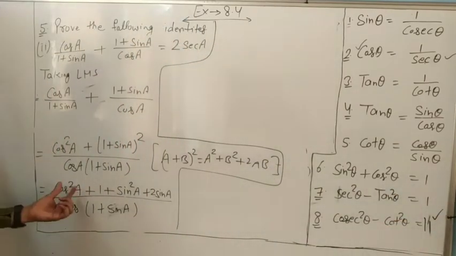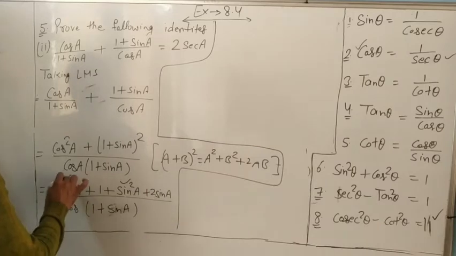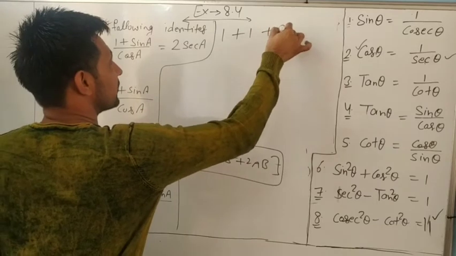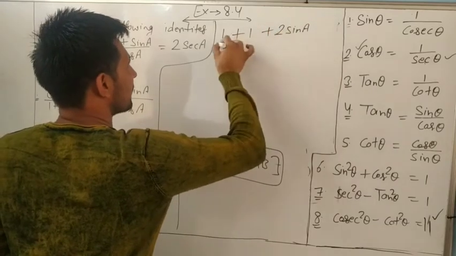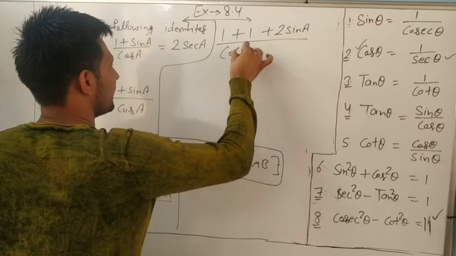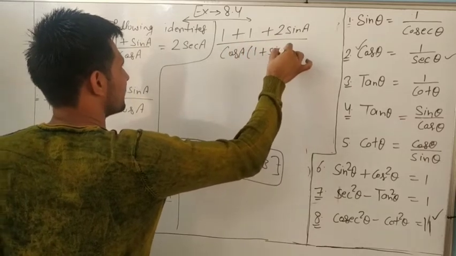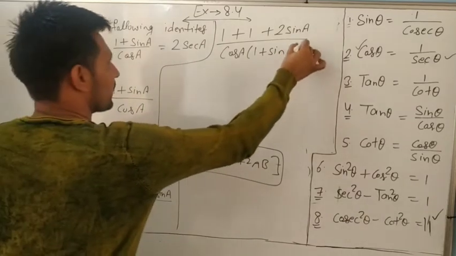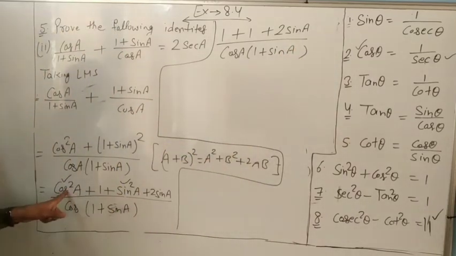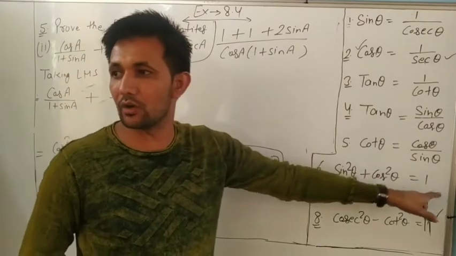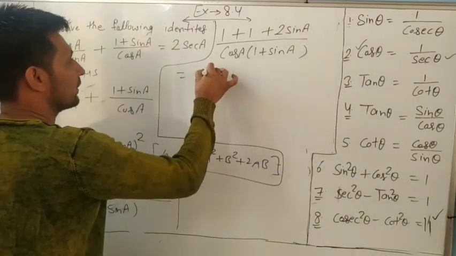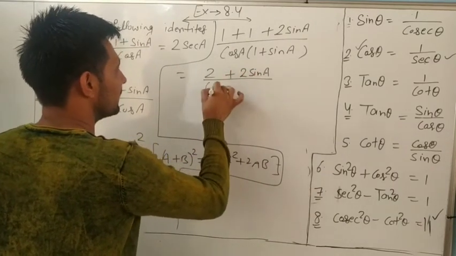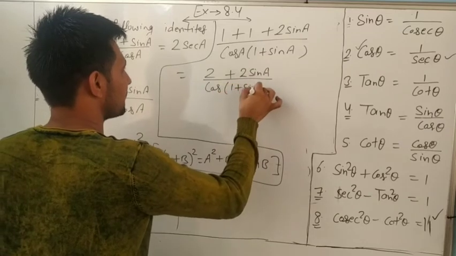So you write sin square A plus cos square A, 1 plus 1 plus 2 sin A upon cos A into 1 plus sin A. We have to write step by step here. You can write sin square A plus cos square A by this formula. It is 1 or not? Now 1 plus 1 is 2, plus 2 sin A divided by cos A into 1 plus sin A.